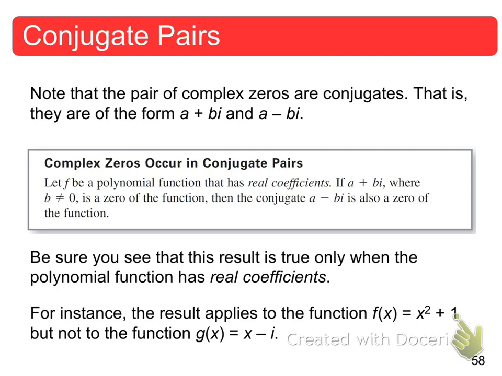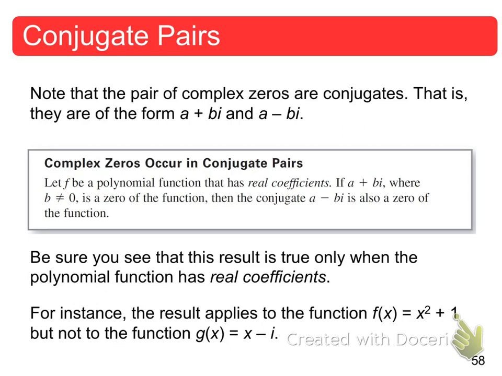So this right here is called a complex solution. Complex solutions always travel in pairs.